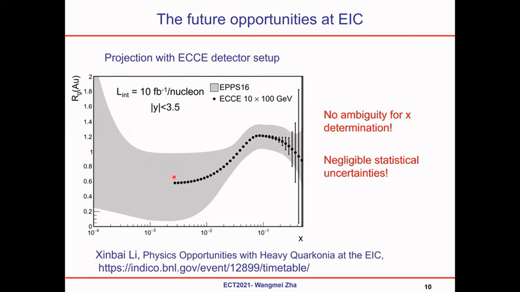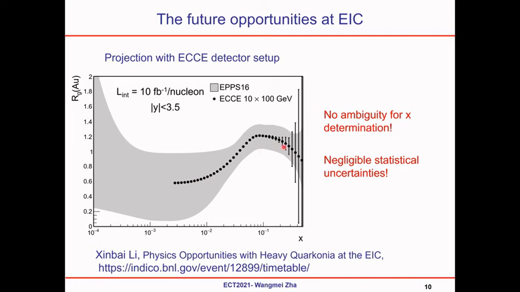So here is the projection with the ECCE detector setup. The ECCE detector mainly covers J/psi rapidity less than 3.5, and the collision energy is selected as 10 GeV electron on 100 GeV gold. I also show the EPPS16 prediction, and the projection is just seated at the center, with almost negligible systematic uncertainties.